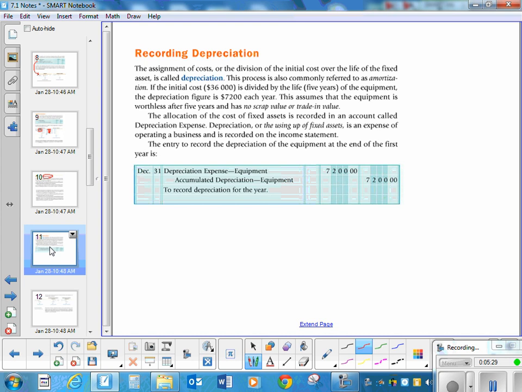This process is also commonly referred to as amortization. If the initial cost of $36,000 is divided by the life, say 5 years, what they do is they think, how long can we keep this asset and it still be worth money?